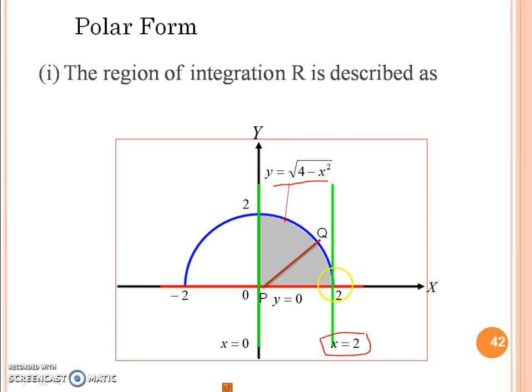Here we get the limit for theta, that is 0 to pi by 2, and we observe that point P is on the origin, that is r equals 0, up to the point Q on the curve. Here the curve is x square plus y square equals 4, which means r equals 2. So we also get the limit for r, that is r equals 0 up to r equals 2.